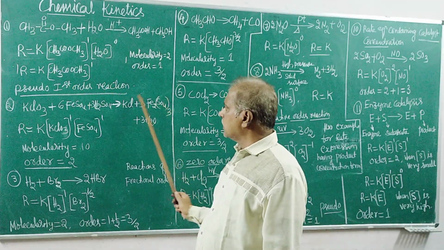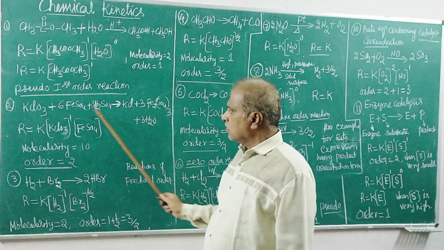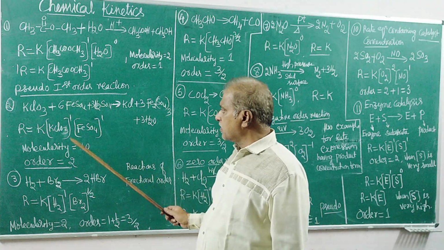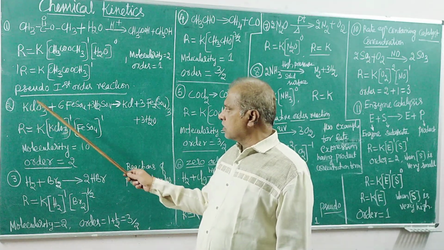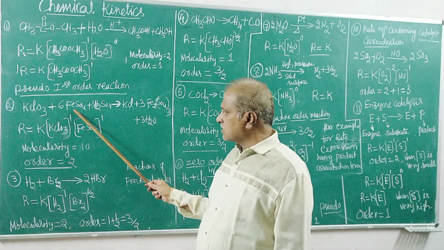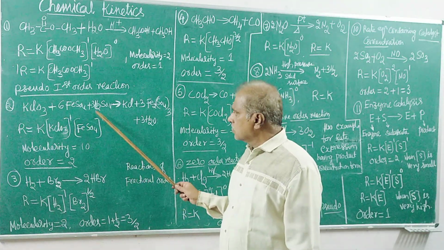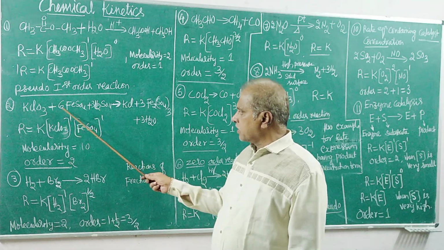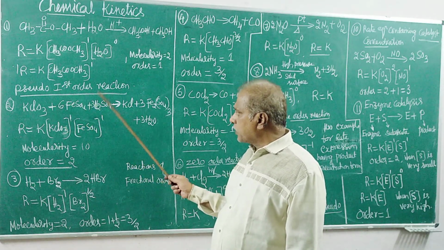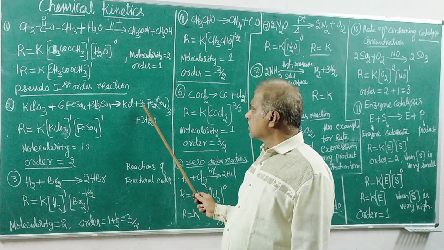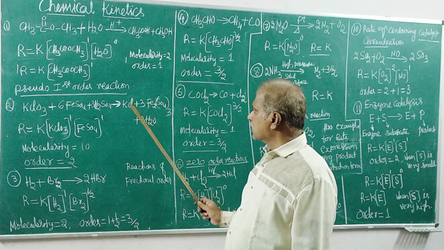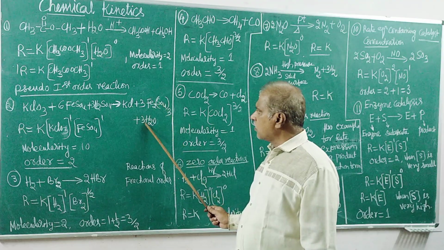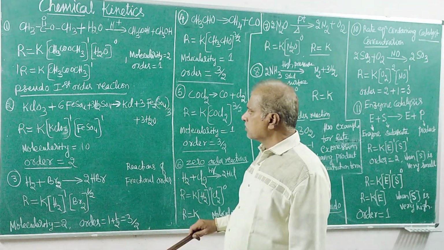This salt is dissolved in water, ferrous sulfate dissolved in water, and this H2SO4, sulfuric acid, also dissolved in water. These are the reactants. The products are KCl plus Fe2(SO4)3, ferric sulfate, and water.